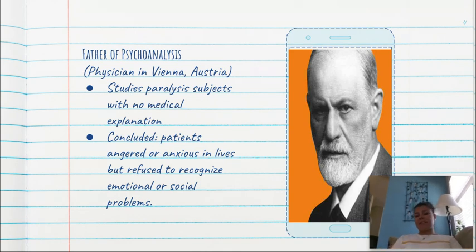And so Freud studied a population of people that had really paralysis with no medical explanation. And so a lot of his theories are going to be developed from a population of people that is not the norm.